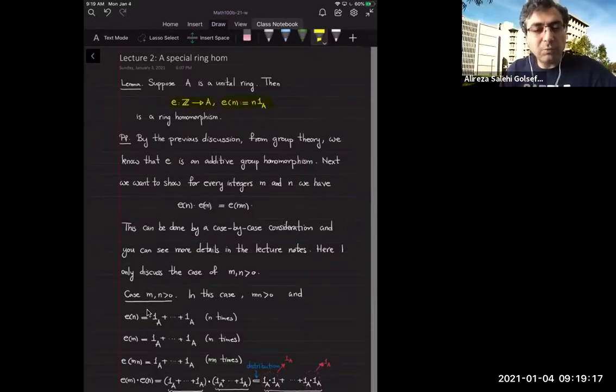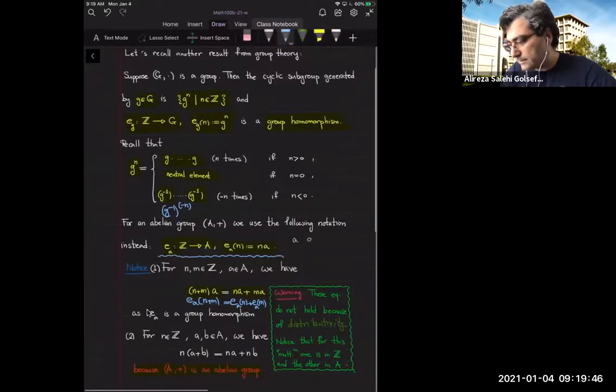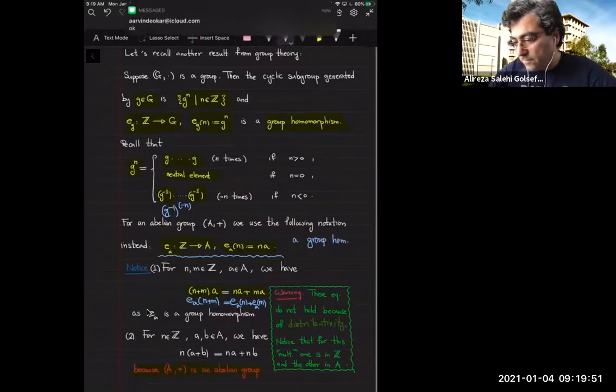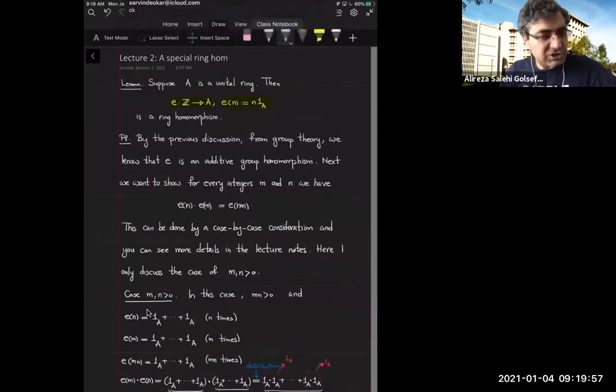And I need to show why E is a ring homomorphism. This means I have to show that it preserves addition and multiplication. But we have already discussed that such a map is always a group homomorphism. So from group theory, we already know that this function E preserves addition.